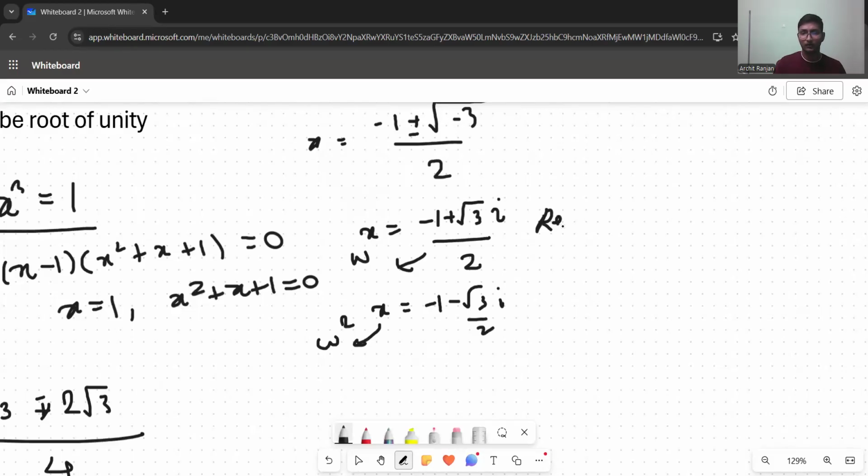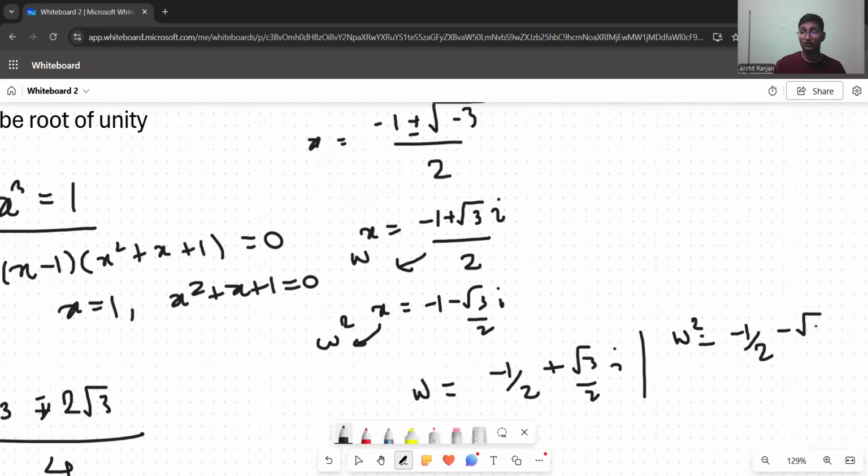So omega can be minus 1 by 2 plus root 3 by 2 iota. Similarly, omega square can be minus 1 by 2 minus root 3 by 2 iota.